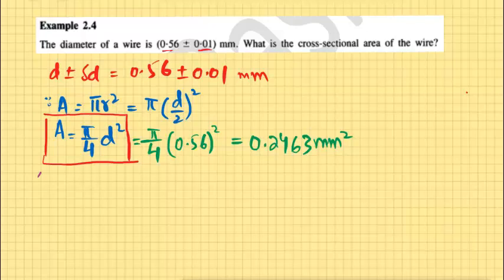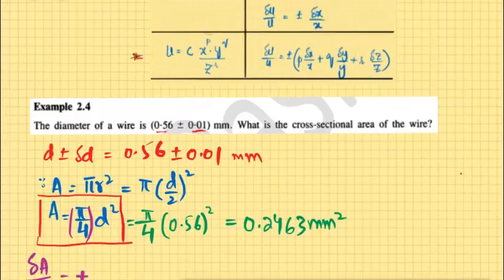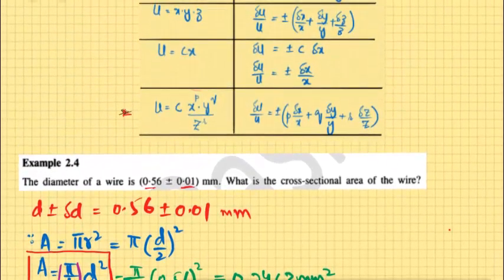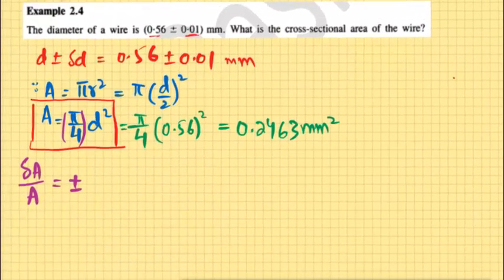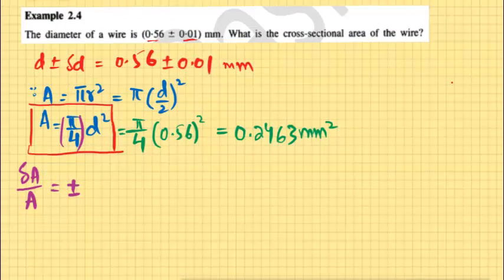I would write uncertainty in A over A equal plus minus, and I will ignore the constant, because in my final equation I have a constant, but in the equation of uncertainty there is no such thing as a constant. Then whatever is the power, the power of d is 2, that will get multiplied. So I will multiply 2 with the fractional error of d.